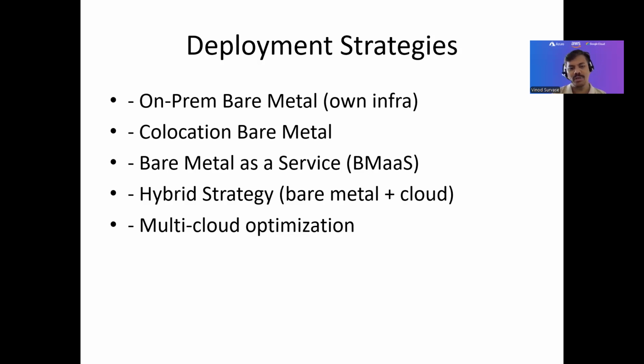This is when we have bare metal plus multiple cloud providers, which is also one of the strategies we can leverage for data, optimization, analytics, and any other scenario. So it depends on the use cases and needs of the organization.